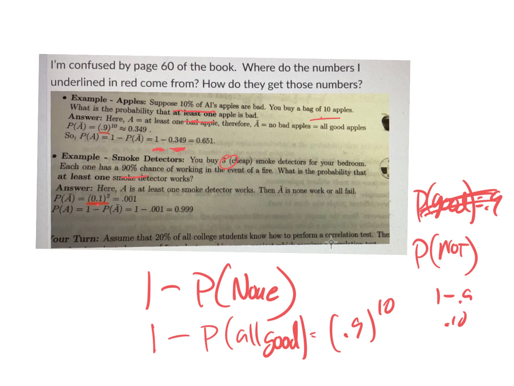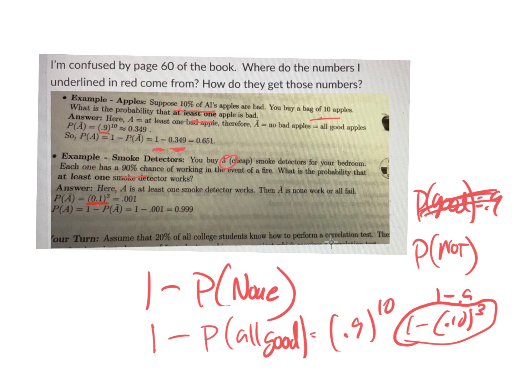And because we've got 3 smoke detectors, the probability that all 3 don't work is 0.1 to the third, and we do 1 minus that. That'll be the leftover: the probability that only 1 works, that only 2 work, or all 3 work.